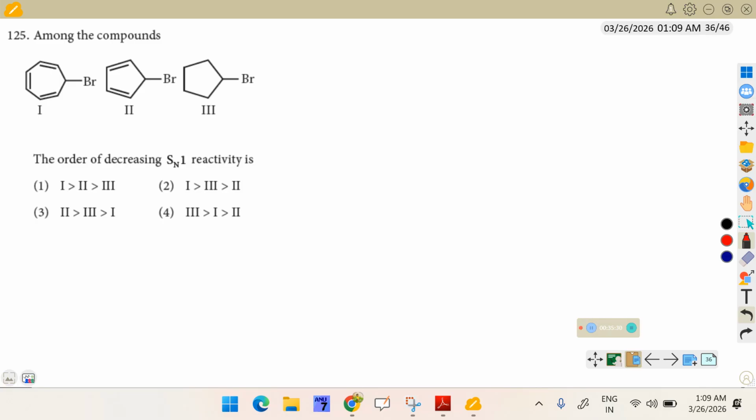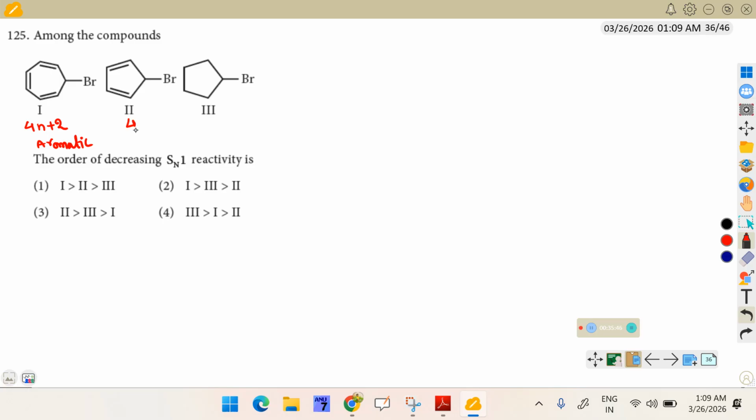Among the following, the order of decreasing SN1 reactivity. Now you can check it. It follows the 4n plus 2 pi electron rule, so it is aromatic and more stable.